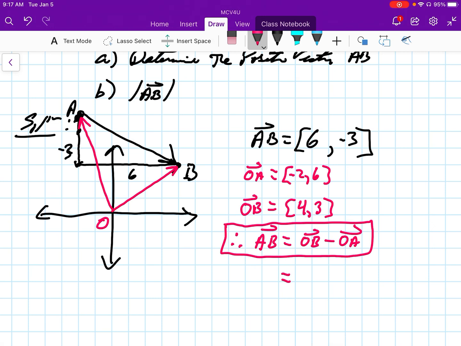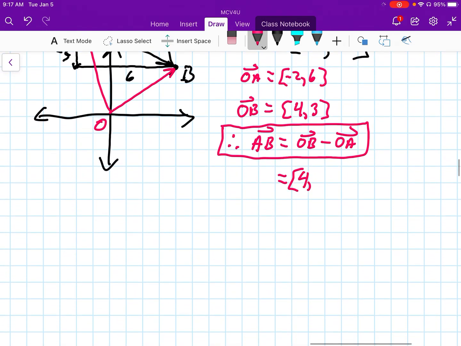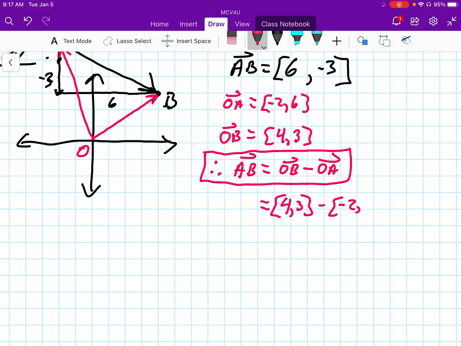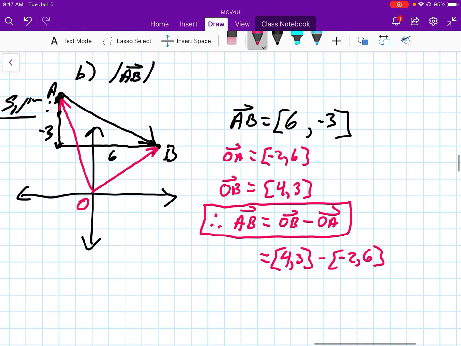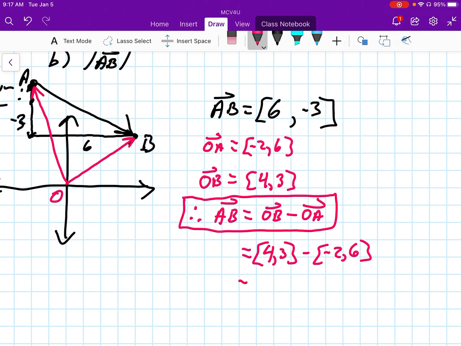We can prove it to ourselves: OB is 4, 3 minus OA, which is negative 2, 6. 4 take away negative 2 is 6. 3 take away 6 is negative 3.